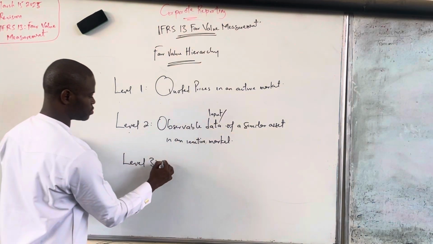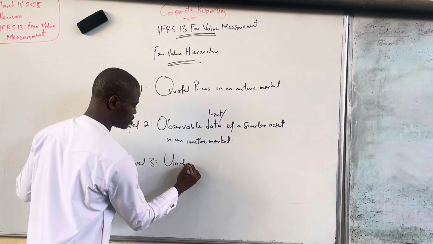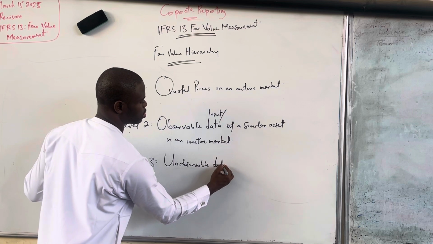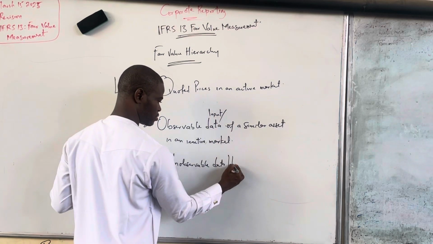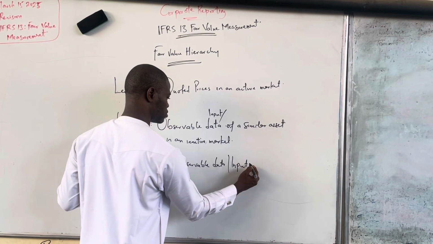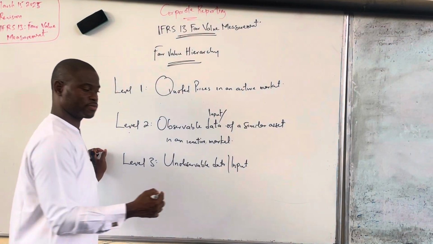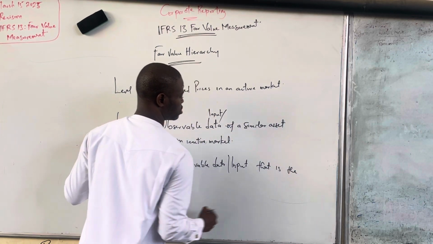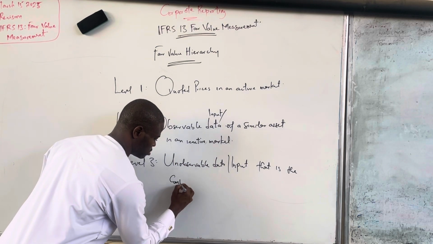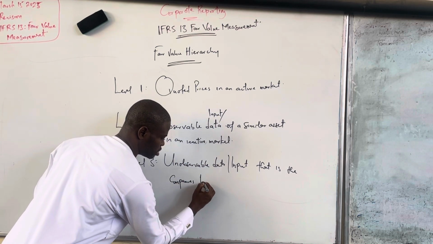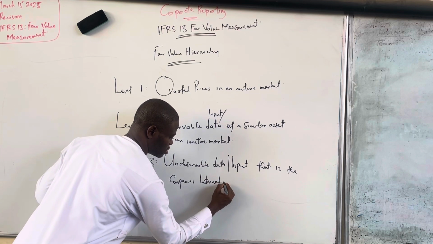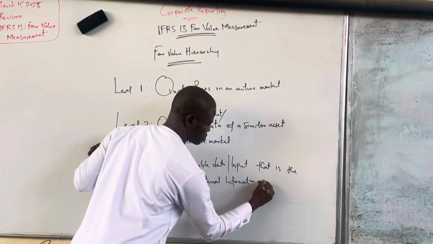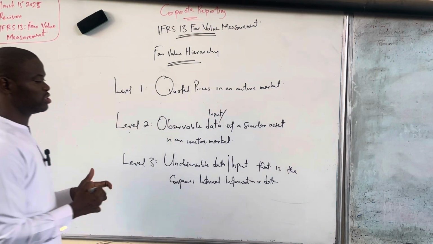Level 3, they use unobservable data or inputs. That is the company's internal information or data.